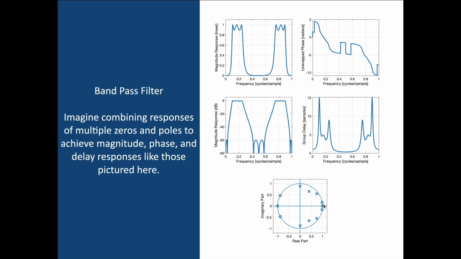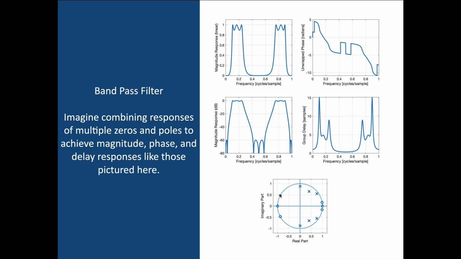But in general, there are some things we could say. If we look first at the magnitude response, notice that for low frequencies, which are going to appear over here on the right side of the unit circle, we're passing through some zeros which appear like they're on the unit circle. And so the response should be very low here.